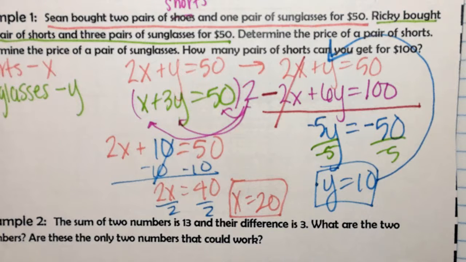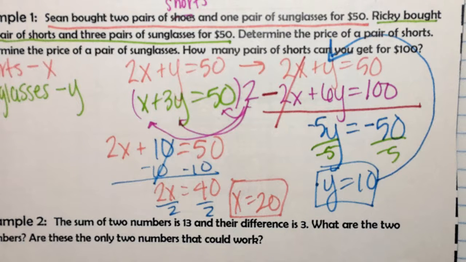Now, I have a question. Is this an ordered pair, or is this telling us the price of something? It's telling us the price of something. So should we really write it as an ordered pair? No. Not really. We should describe our answer, right? I want you to describe your answer. So what is X? What is that telling us?